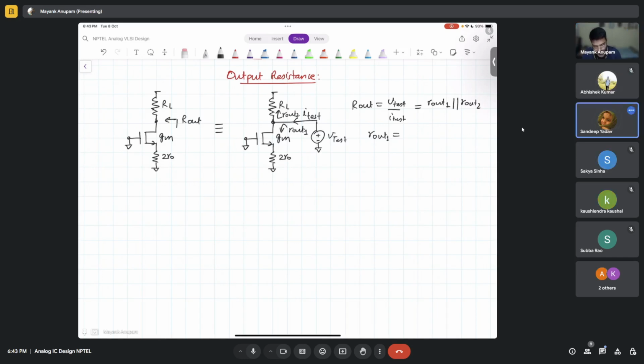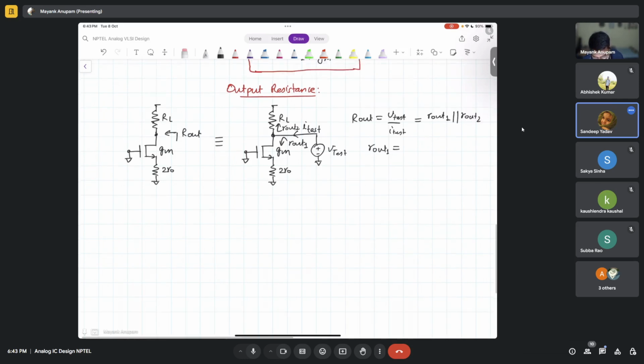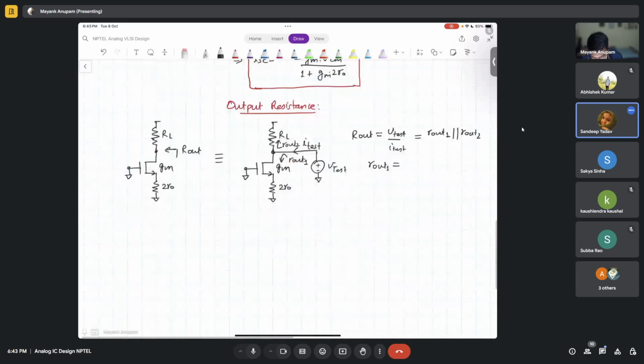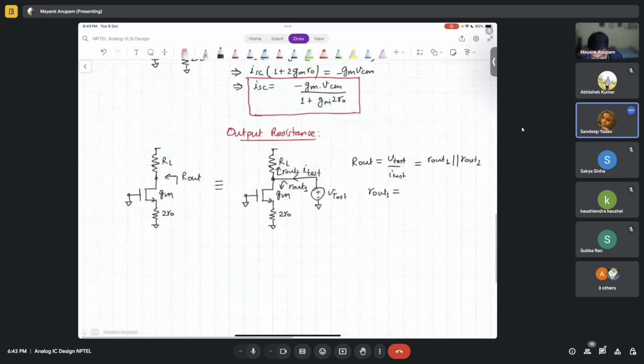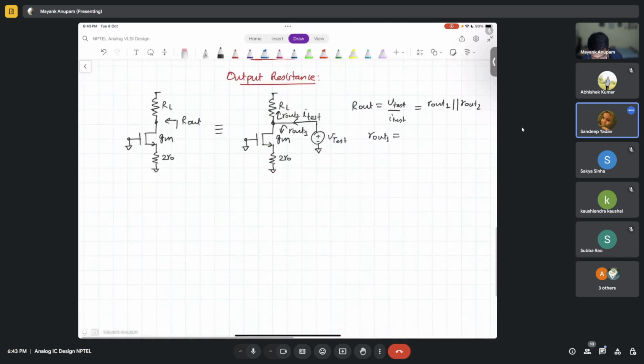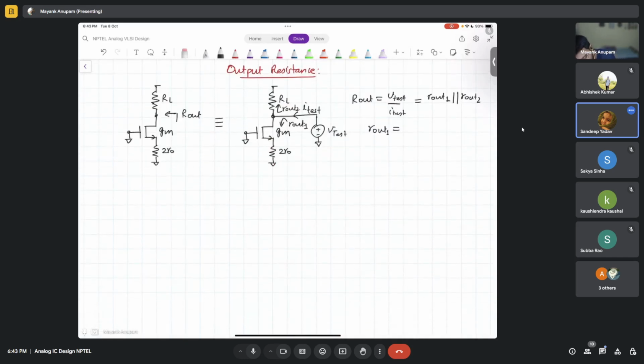So basically for finding R out 1, you assume that there is some output resistance here, okay?